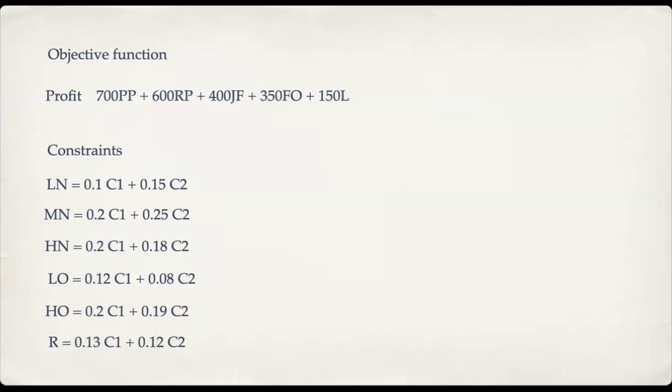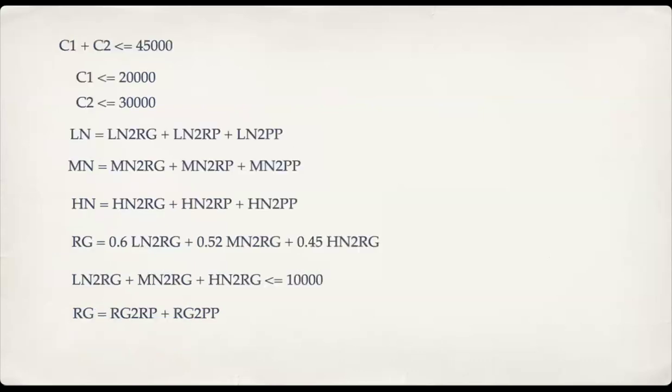This information comes from the yield, the first table regarding the yield. So medium naphtha and heavy naphtha also, you get information from the yield. For light oil, heavy oil, and also residue, it is also the same. The same rule, same pattern.